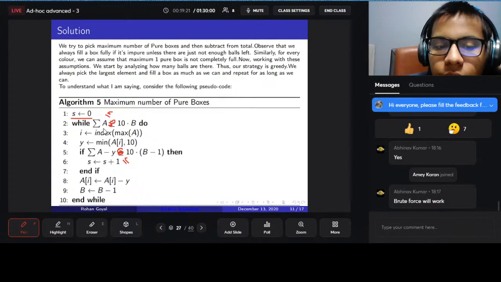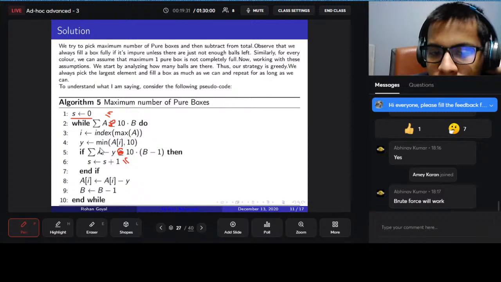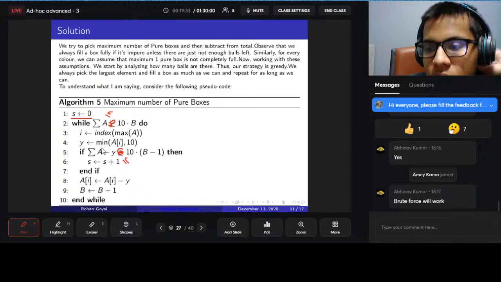Anyway, while the sum of things is less than 10b, we do this. We consider the maximum term. The maximum term may be more than 10, so we only take the maximum part if it's less than 10, otherwise we just take 10 balls.